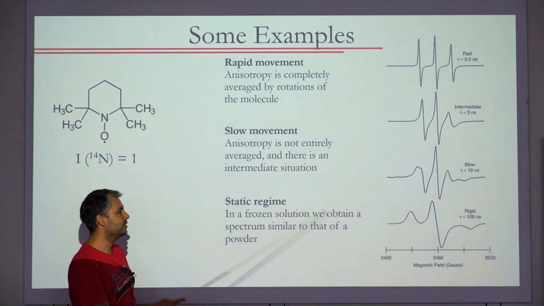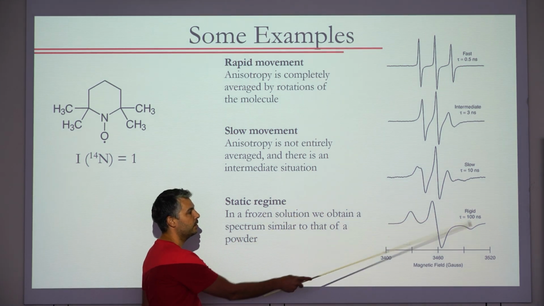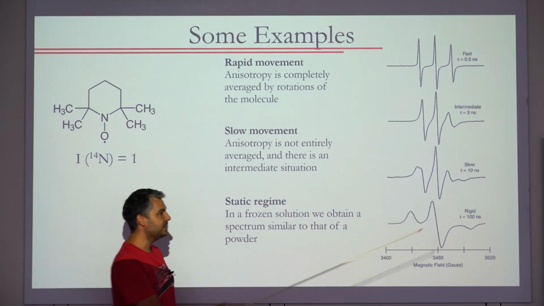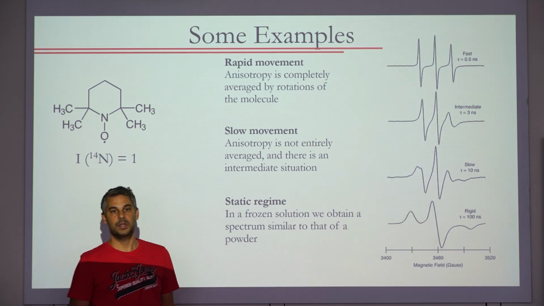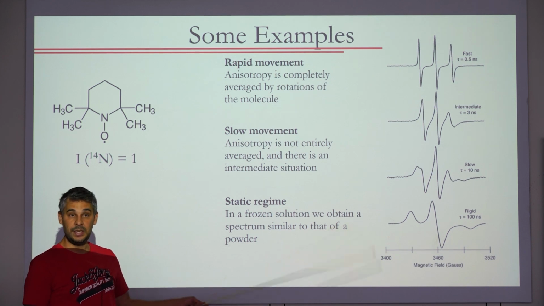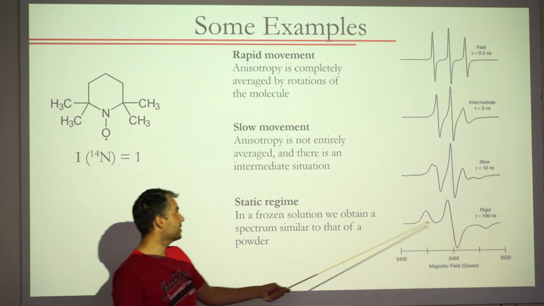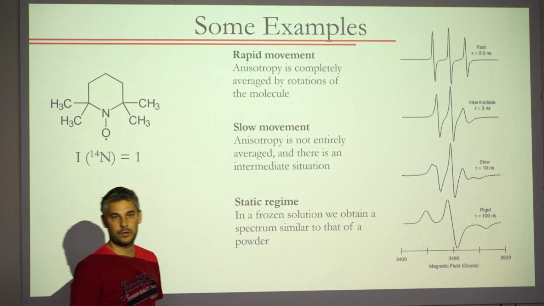And when you freeze it, you go to the static regime. This is a rhombic spectrum, but this is tricky because that's not caused mainly by g factor rhombicity, but by A value rhombicity.